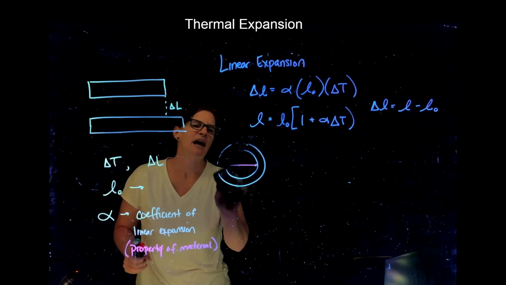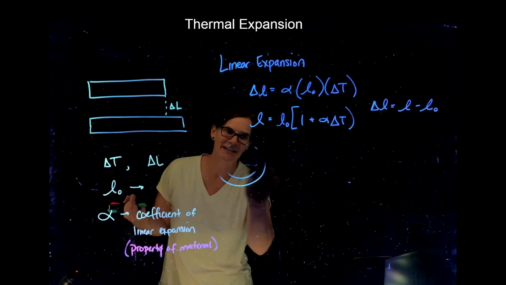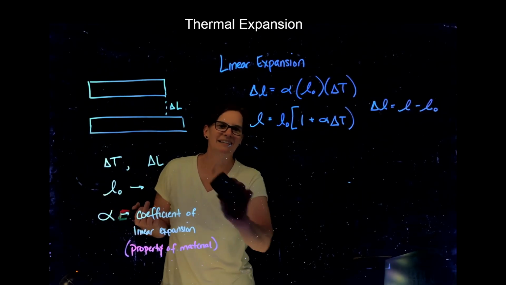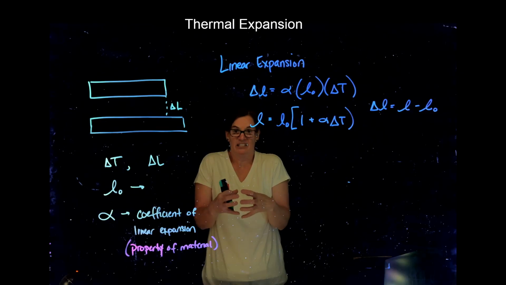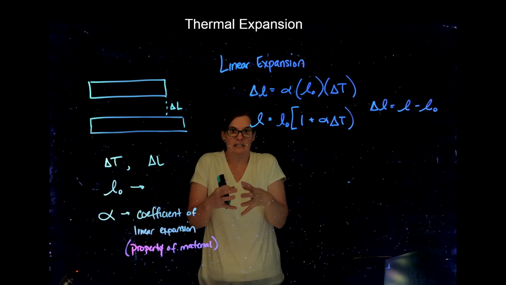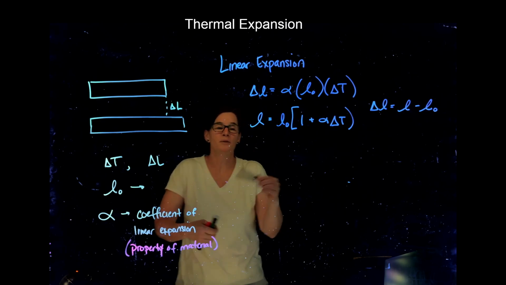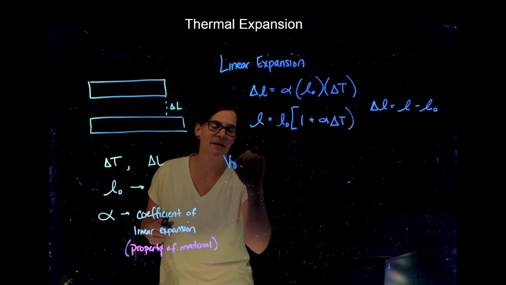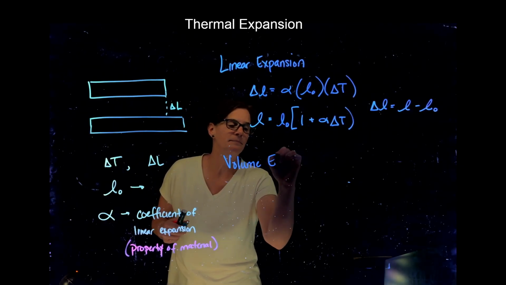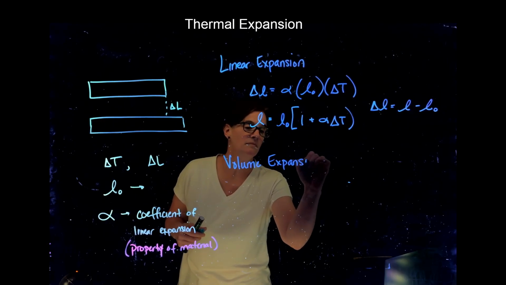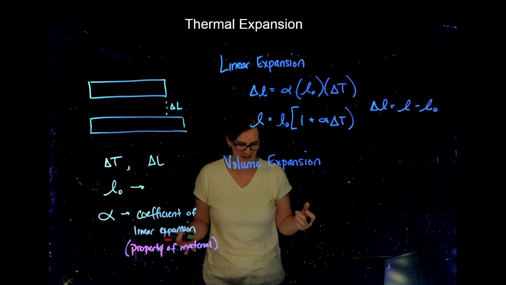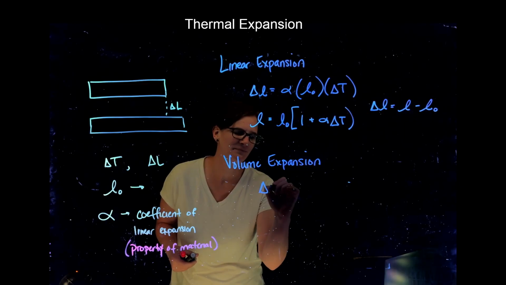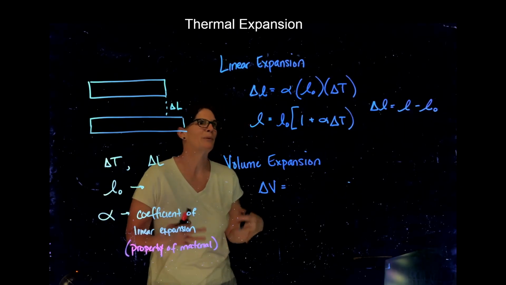Now, in addition to linear expansion, you might think, well, what if I have a chunk of solid material and it's going to expand in all directions, or I have a liquid that's going to expand in all directions. So we can also talk about volume expansion due to temperature. And it's identical to linear expansion. Our change in volume is going to be dependent on the property of the material.